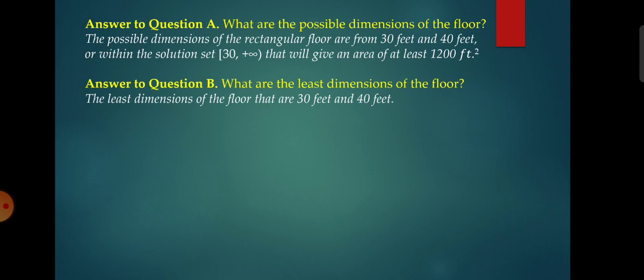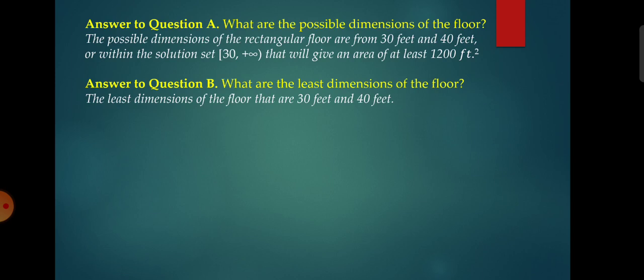The possible dimensions of the rectangular floor are 30 feet and 40 feet: 30 feet is the width, 40 feet is the length. Or within the solution set of positive 30 to positive infinity, that will give an area of at least 1,200 square feet. So we can use 31, 32, 33.